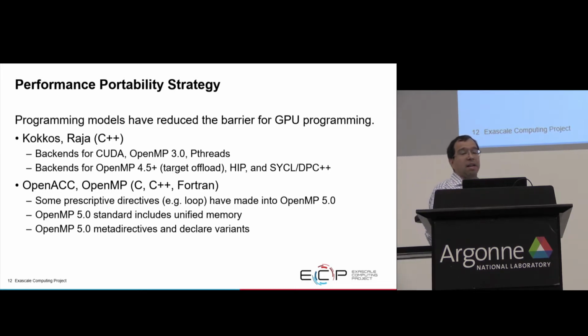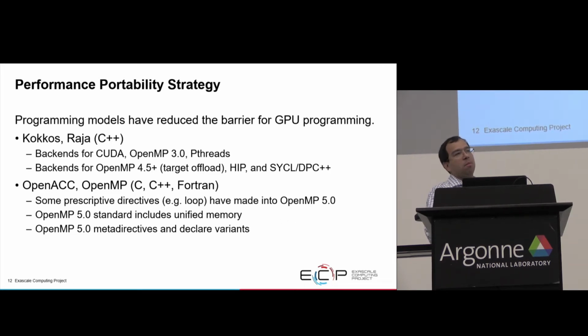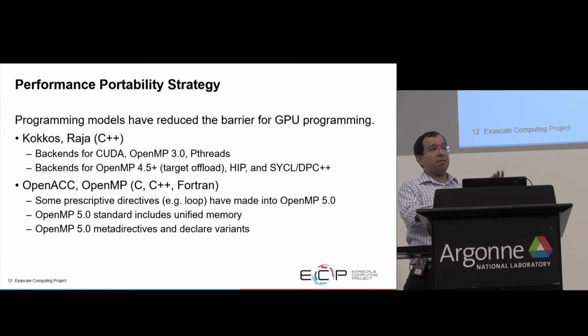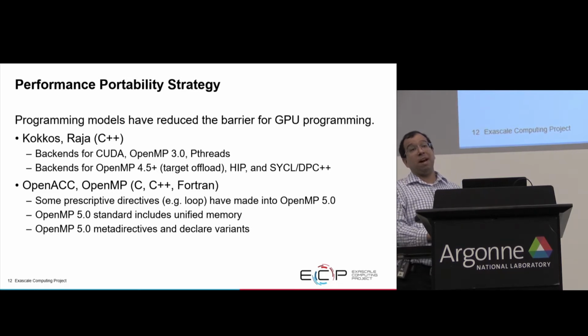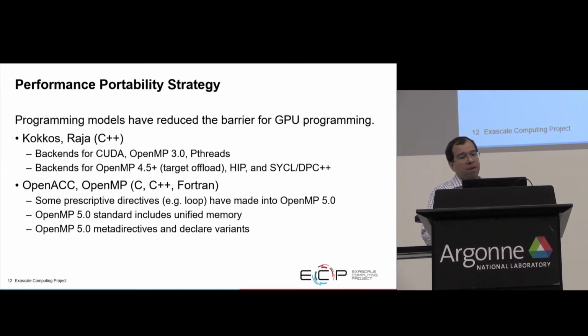A lot of the directives have influenced the development of OpenMP 5.0. One of them is this loop directive, where rather than the application developer saying parallelize the loop in this particular way, you hand off that parallelization effort to the compiler, and it chooses the right combination of parallelism to express with OpenMP 5.